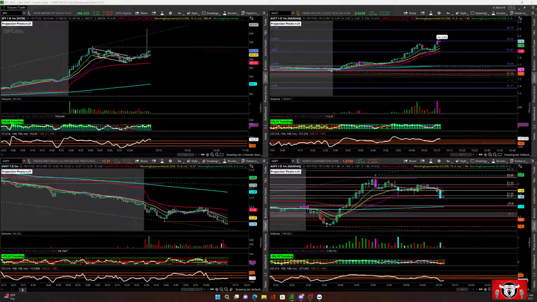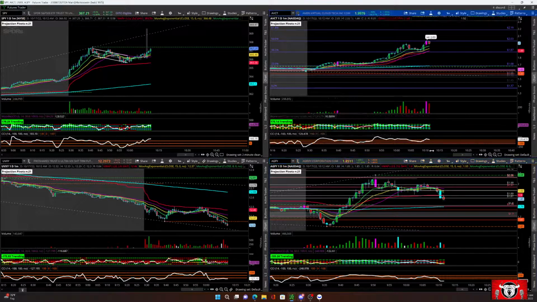Okay, I see what you're doing. My thing is, I chart on TOS, but I have the DOM open on TradeAway. Yeah. See all those little volumes. Makes sense.